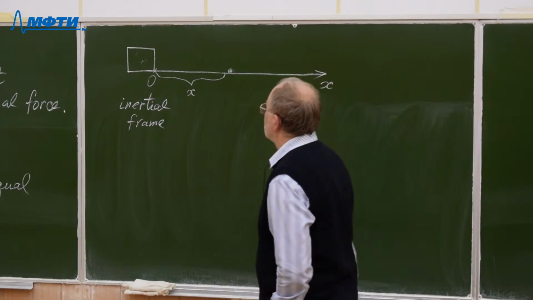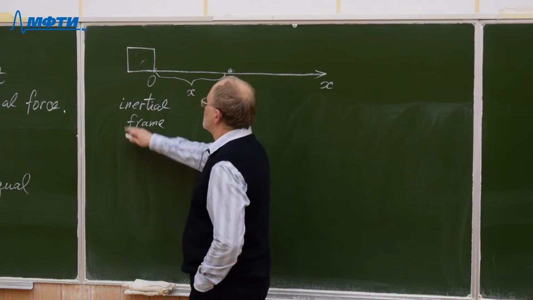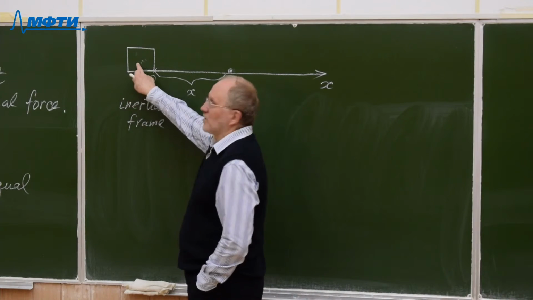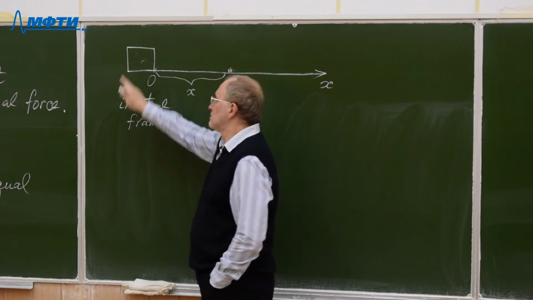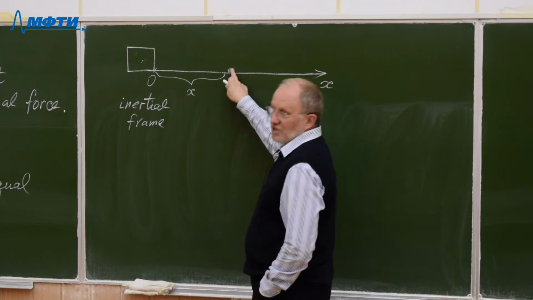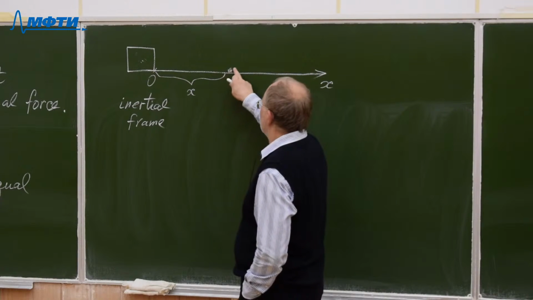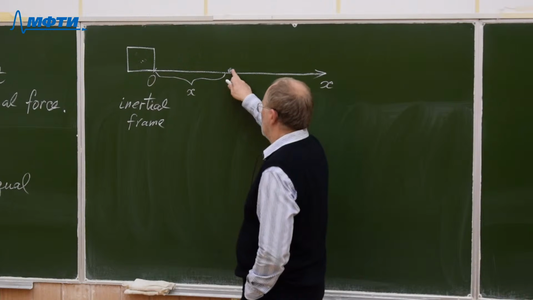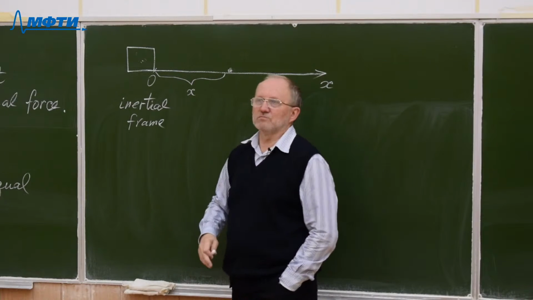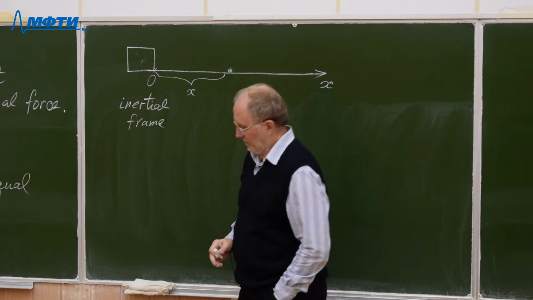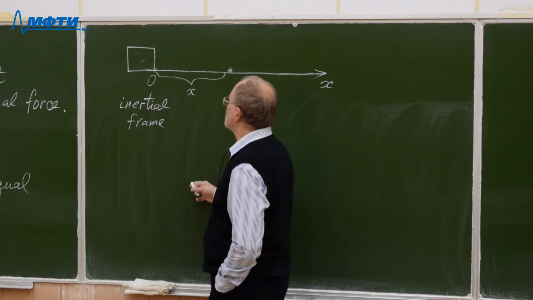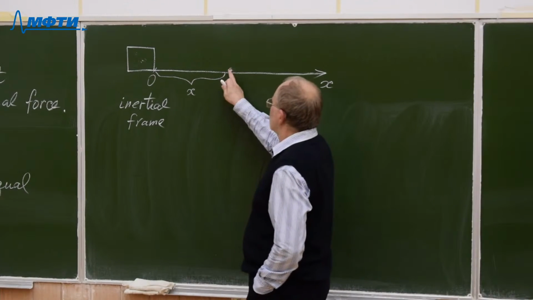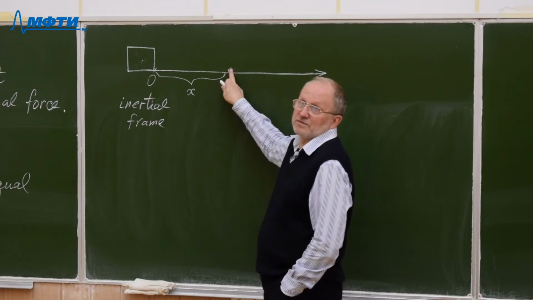What if we go to another reference frame, which is moving with respect to the first reference frame at constant velocity? Then the body under consideration will be moving, will have some velocity with respect to the second reference frame. And if the second reference frame moves at constant velocity, then the body under consideration will also have such constant velocity with opposite sign.